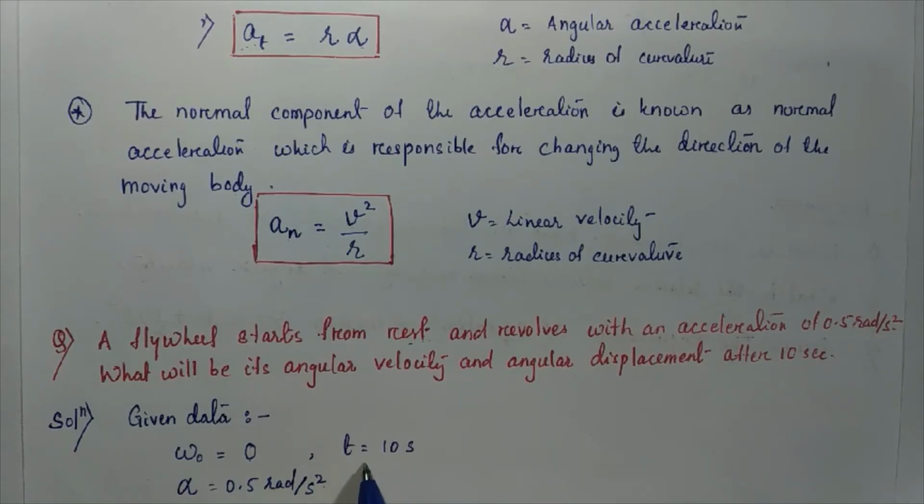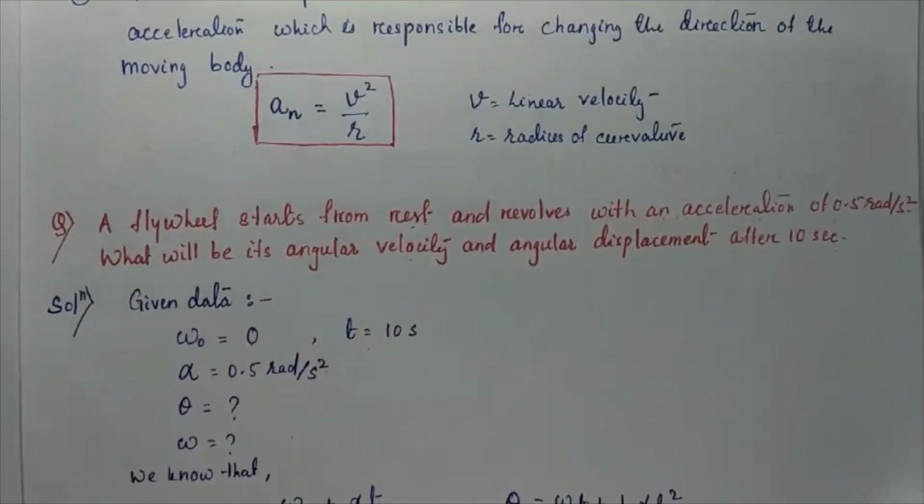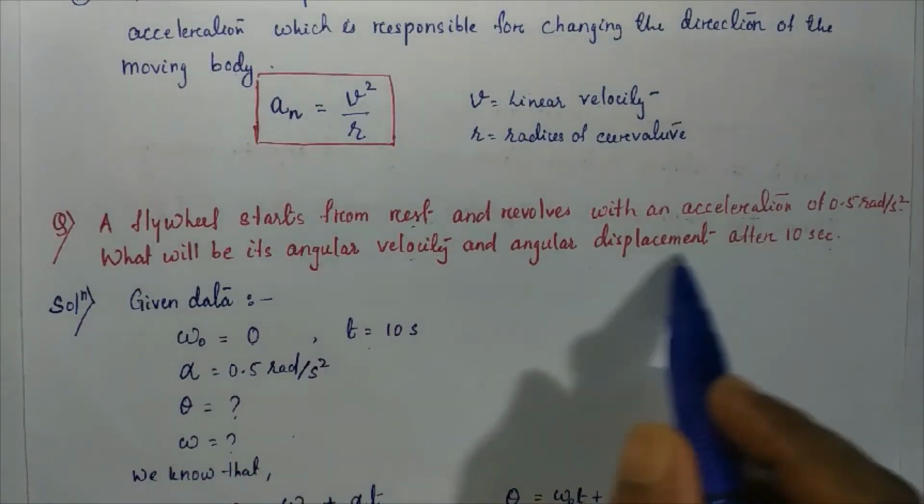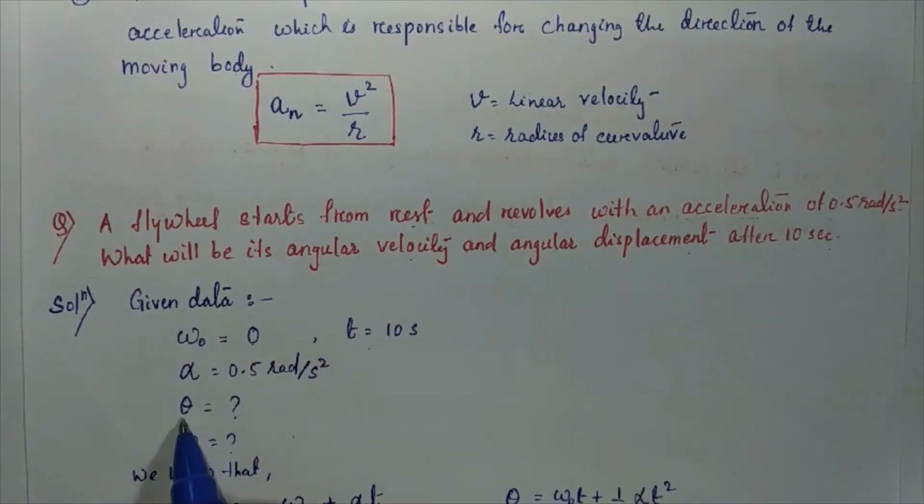The time is given, that is 10 seconds. What do we have to find here? The angular velocity, which is the final angular velocity, omega, and the angular displacement, theta.